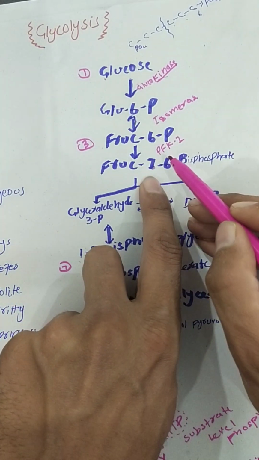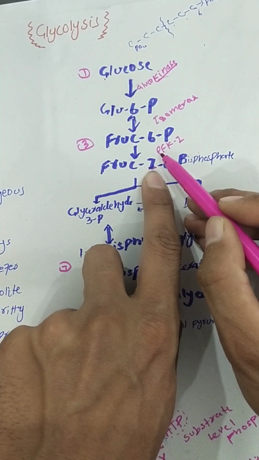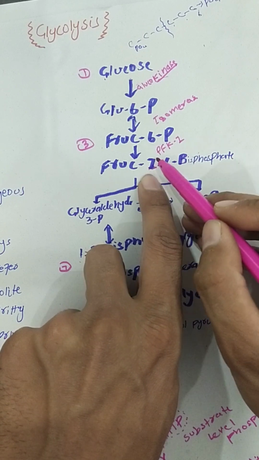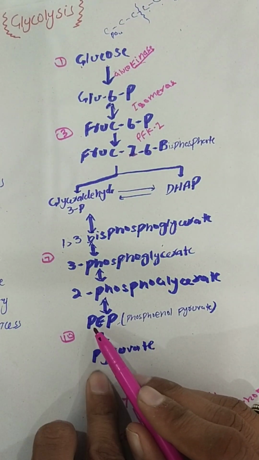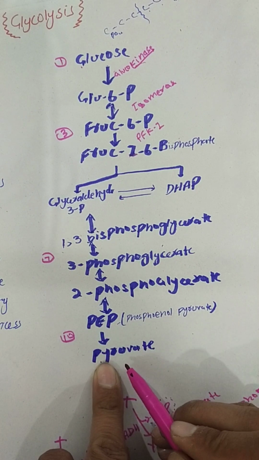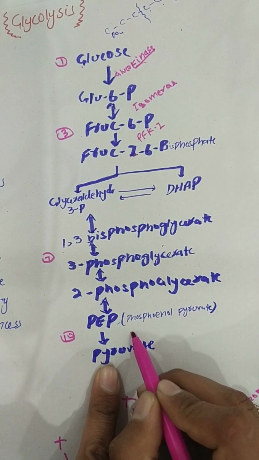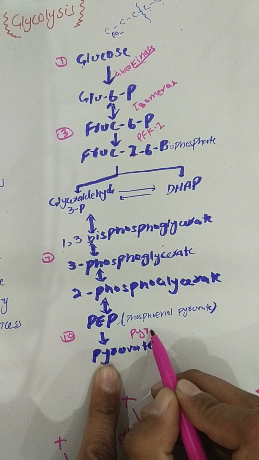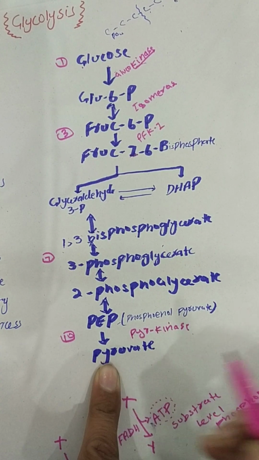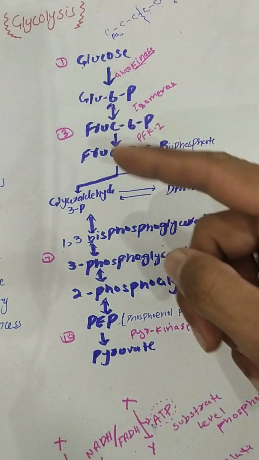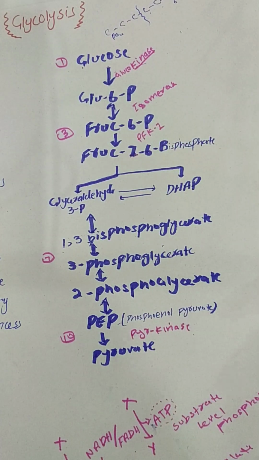And in which position do we add phosphate? At position 1, so we call it phosphofructokinase 1. And the last enzyme, in which PEP is converted into pyruvate, is done by the pyruvate kinase enzyme. Okay, so 1, 3 and 10 are important because they are regulatory steps.